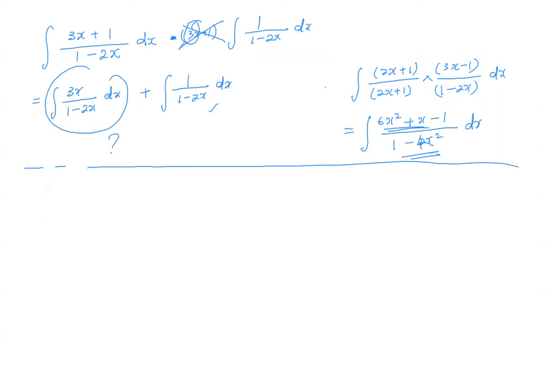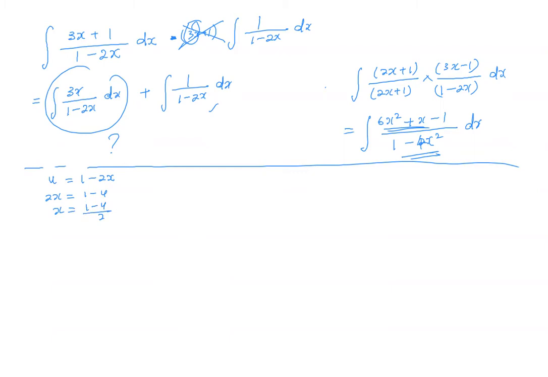You see or not? So I let u be equal to 1 minus 2x. So that means my 2x will be equal to 1 minus u. So my x will be 1 minus u over 2, correct?